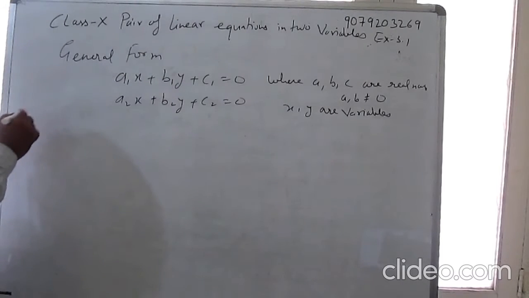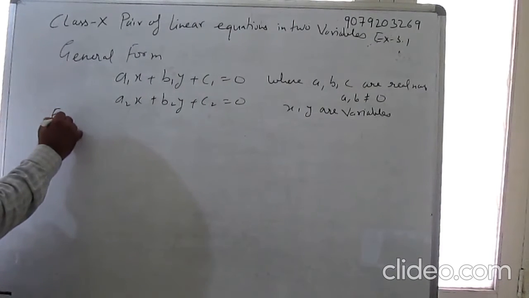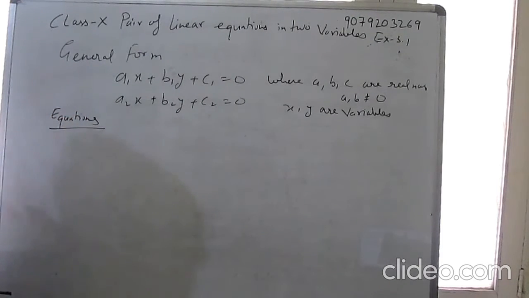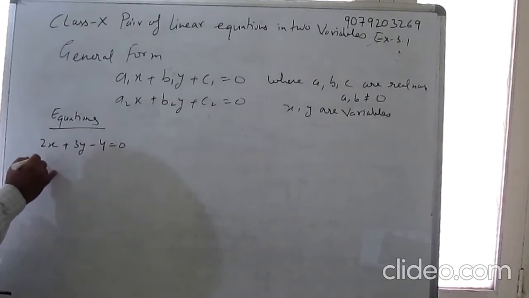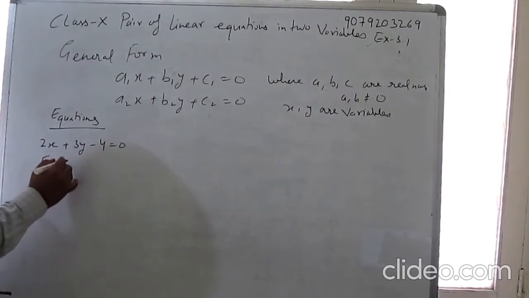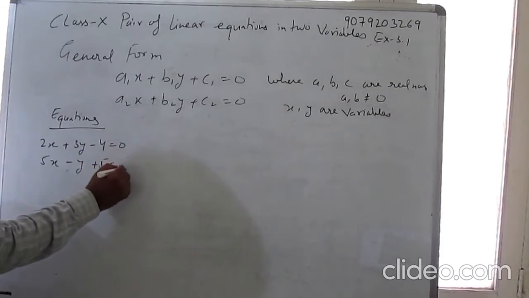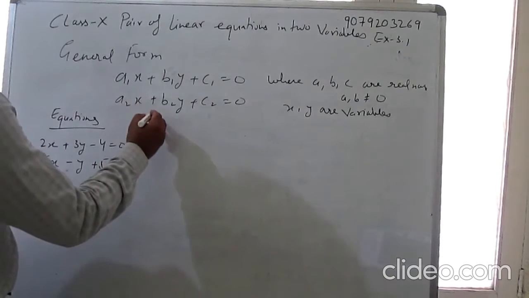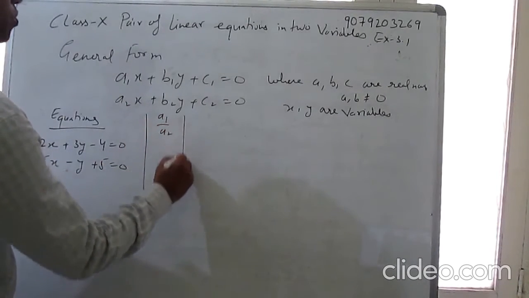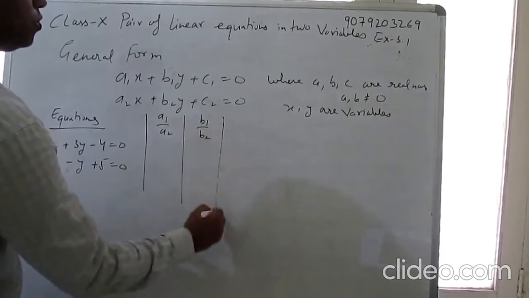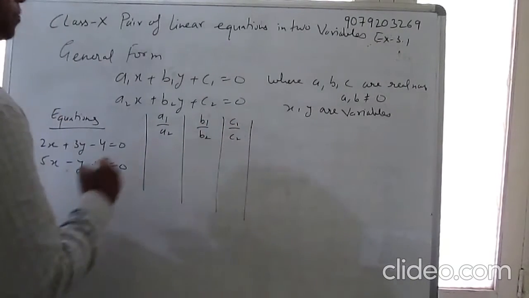Suppose I take one equation, here I write the equations: 2x + 3y - 4 = 0 and 5x - y + 5 = 0.